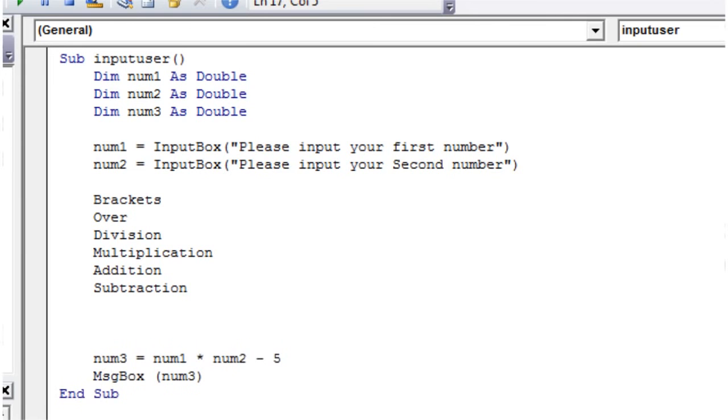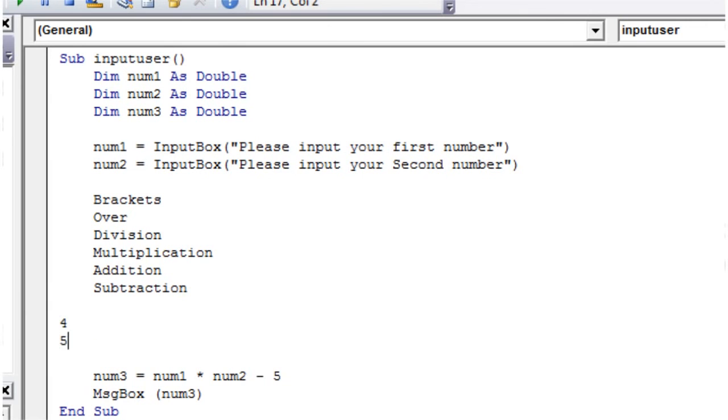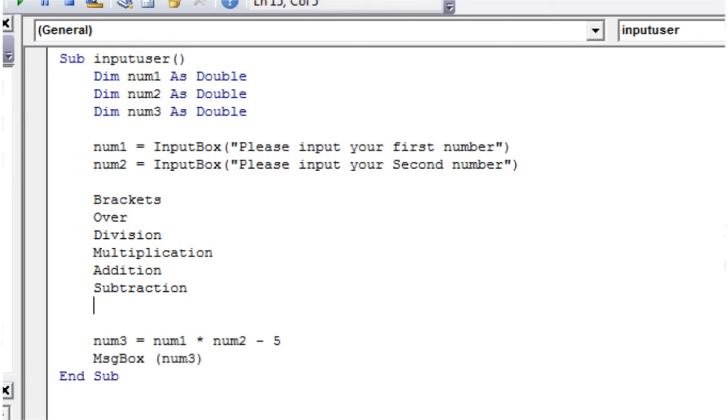So let's say num1 is 4, num2 is 5, so 4 times 5 is 20, minus 5 is 15. Whereas if you did this bit first and did 5 minus 5, that's going to be 0. Times it by 4, that's going to be 0 as well. So that's why it's important that you get those in the right order.